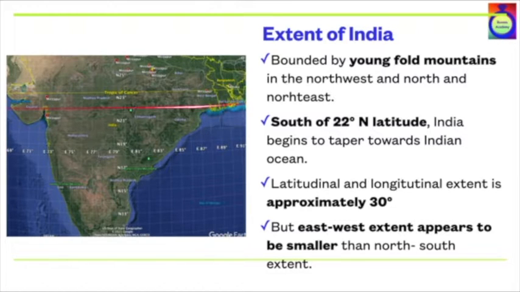Now you have to understand the latitudinal extent, the difference between the southern latitude and the northern latitude of India. That is approximately 30 degree. Similarly, the longitudinal extent of India is approximately 30 degree. But the east-west extent appears to be smaller than the north-south extent.